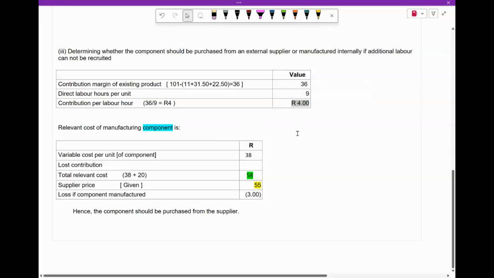So then we can now go to the component and evaluate. The variable cost per unit of the component is 38. Now, what is the loss in contribution?